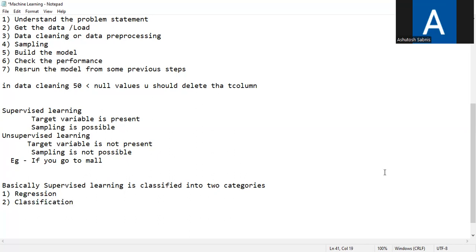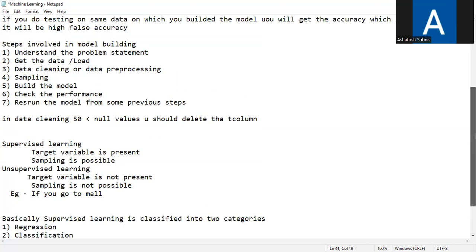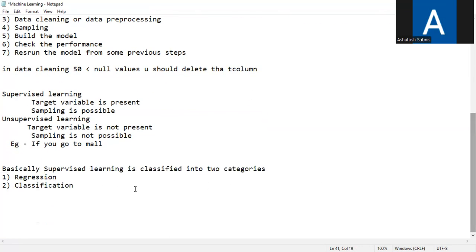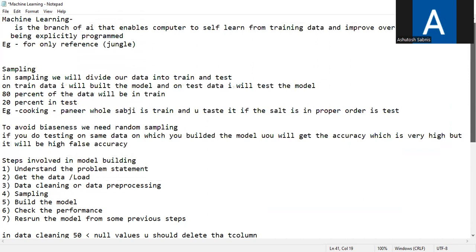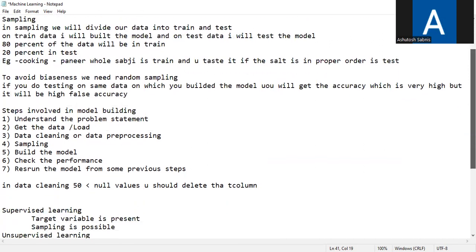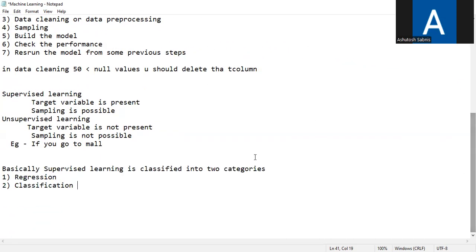And one important thing: whatever I am writing down here, you should have a pen and copy with you, and you should copy all the things that I have written here, as it will be very useful for you at the last moment to revise. So please have a pen and copy with you. Supervised learning is classified into two categories, regression and classification.